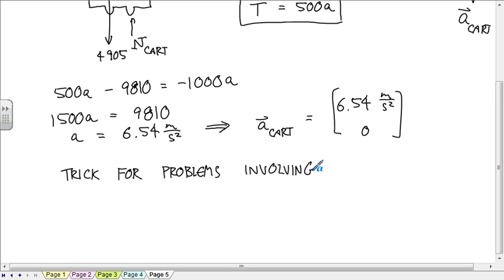involving sliding or rolling along non-horizontal surfaces.